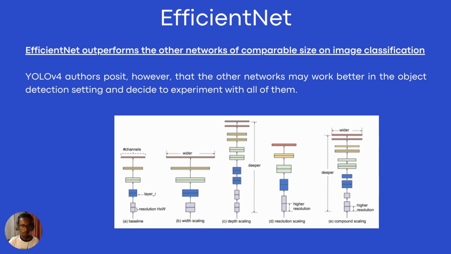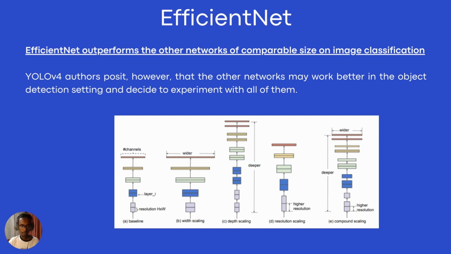And the YOLOv4 authors posit, however, that the other networks may work better in an object detection setting, and decided to experiment with all of them. So the YOLOv4 authors had to select a network that could work for object detection.